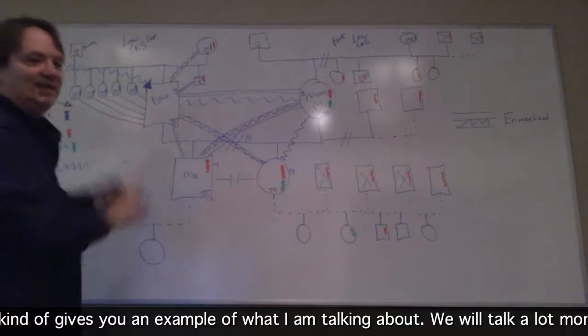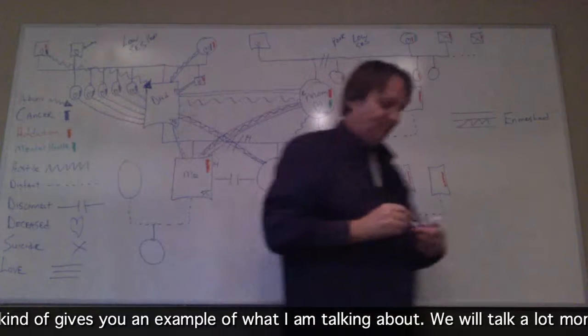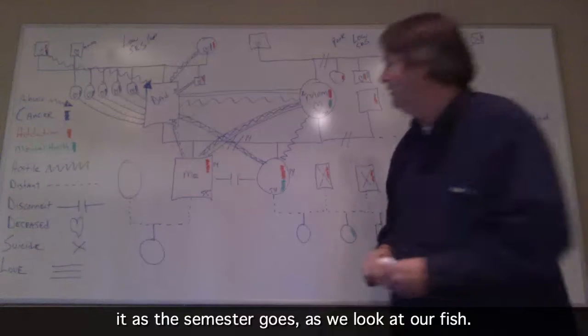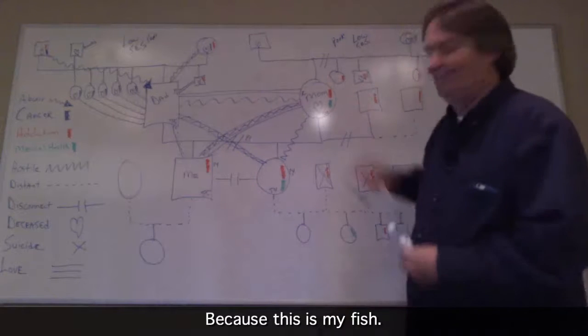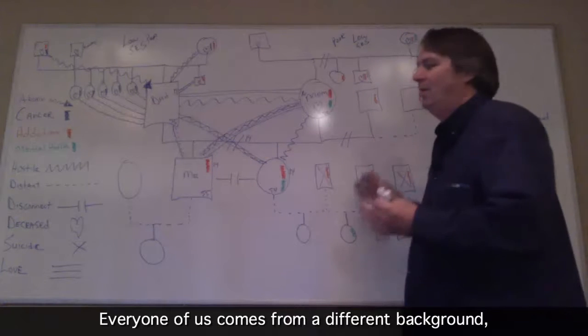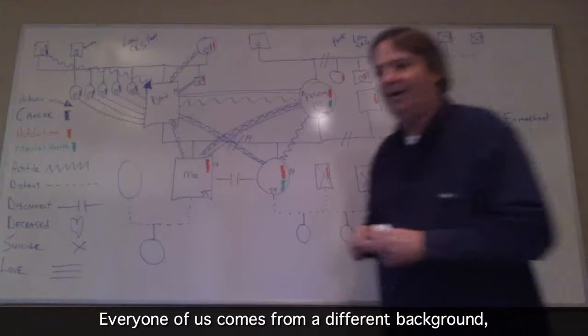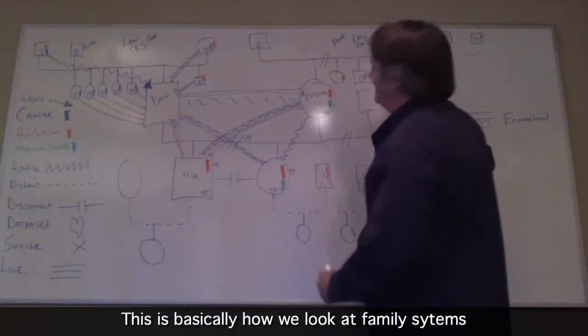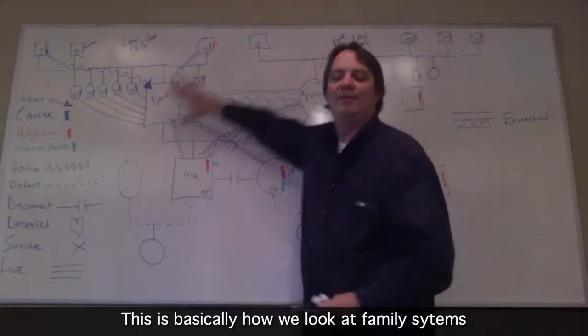So this kind of gives you an example of what I'm talking about. We'll talk a lot more about it as the semester goes, as we look at our fish, because this is my fish. And every one of us comes from a different family, a different background, a different system. And this is basically how we look at family systems.